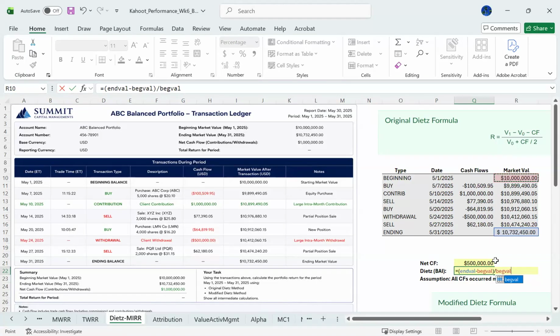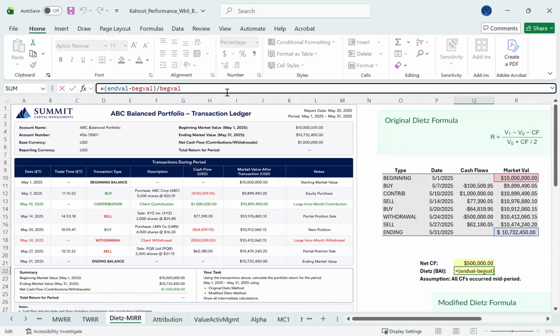And in the denominator, we are dividing by our beginning value, which we can consider as our initial investment. And there we go. Now, as is, this formula would consider this 500,000 as returns or performance. So we have to eliminate that.